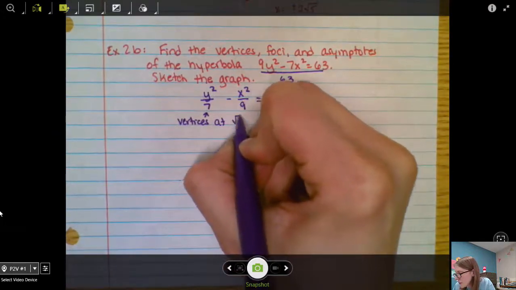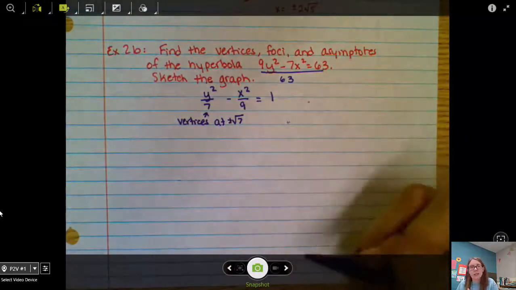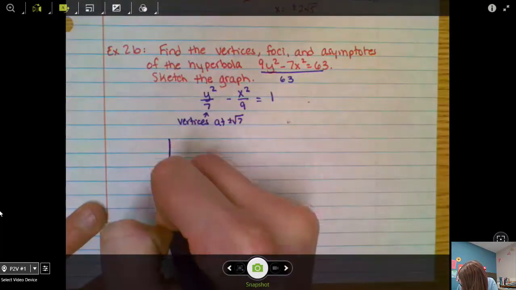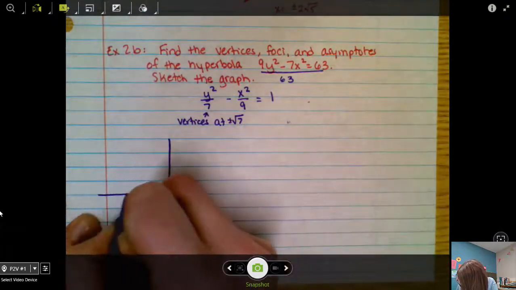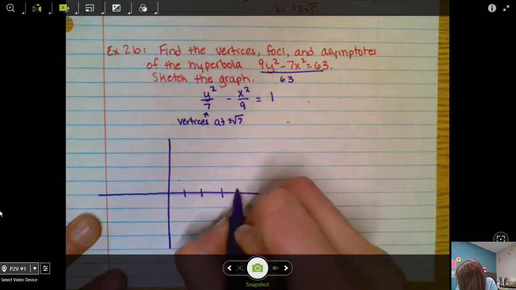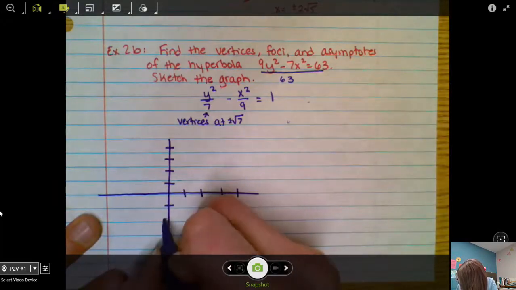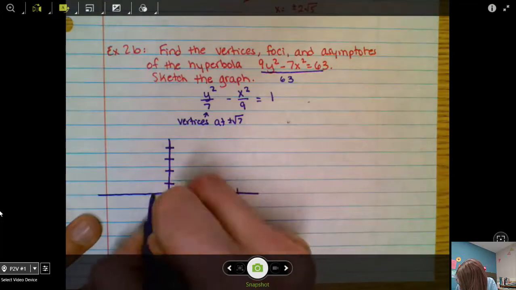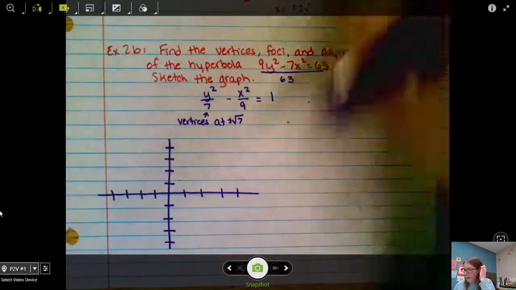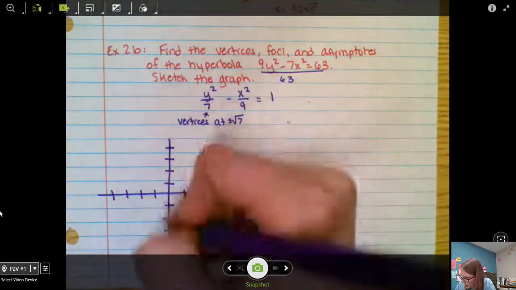at the square root of 7 plus or minus. Well, let's start off with this information and see what else we can do with it. Okay, well, we have vertices at the square root of 7, and again, our hyperbola goes up and down.